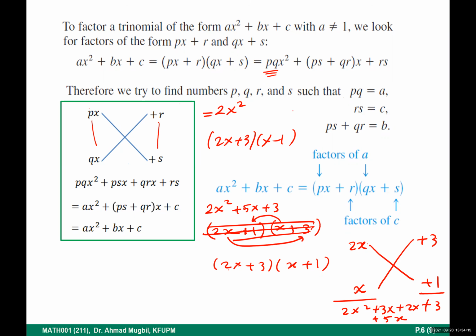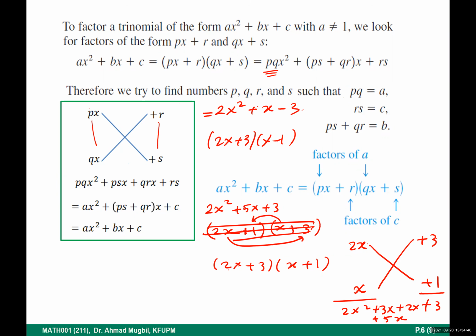In the middle we will have what? Plus x. Is that right? Yes. Minus 3. Now if you want to factor this, you will do it in the same way. You will look for two numbers, the product of them is negative 3, and the sum of them, of course, after multiplying by 2, is a positive 1. So now look, positive 3 times negative 1 is negative 3, and negative 2 plus 3 is 1.